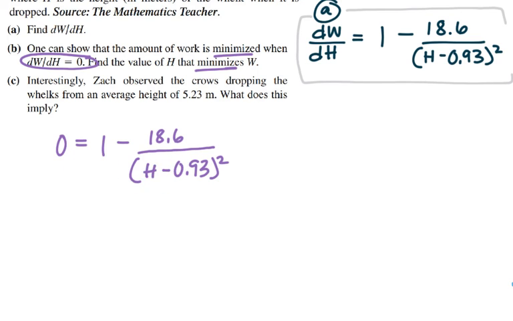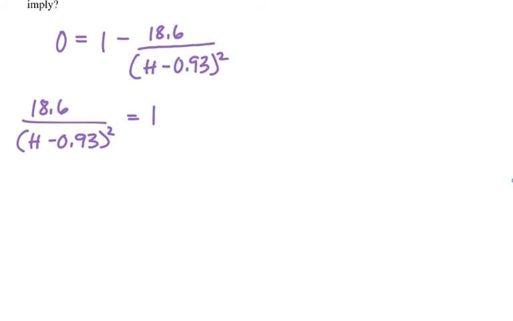Now I have two terms here. Since this term is negative, I'm going to move it to the other side of the equation. 18.6 over h minus 0.93 squared is equal to 1. At this point, treating that 1 like it's over another invisible 1, we'll cross multiply. 18.6 equals h minus 0.93 squared.